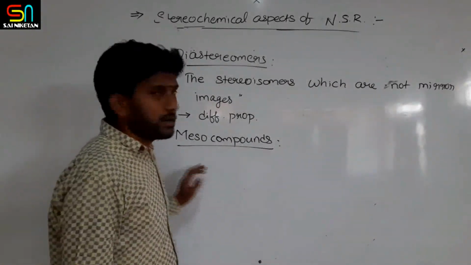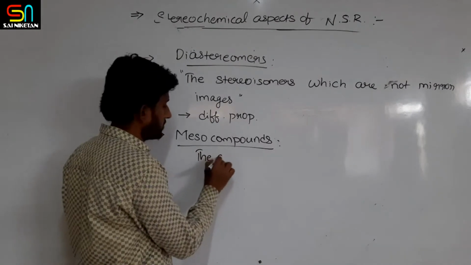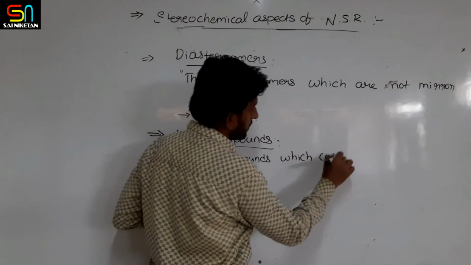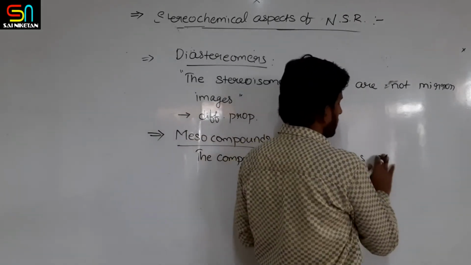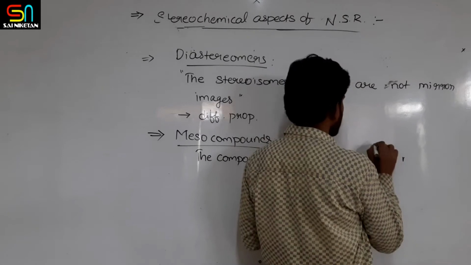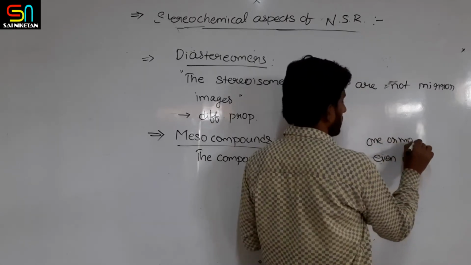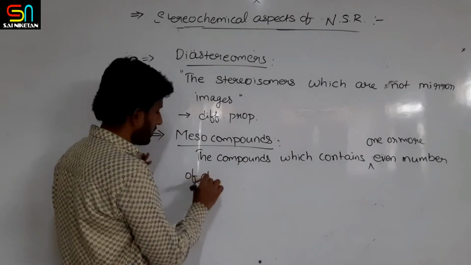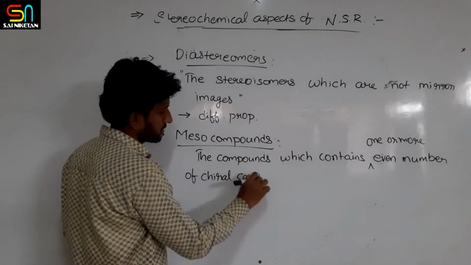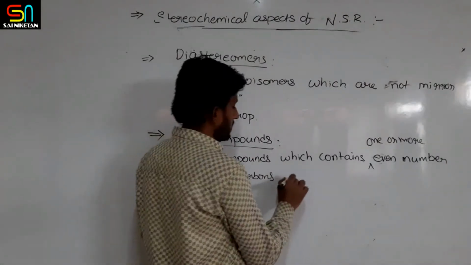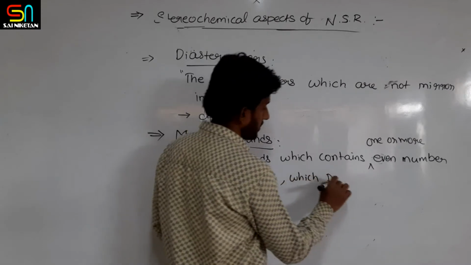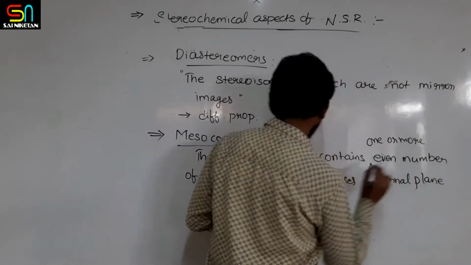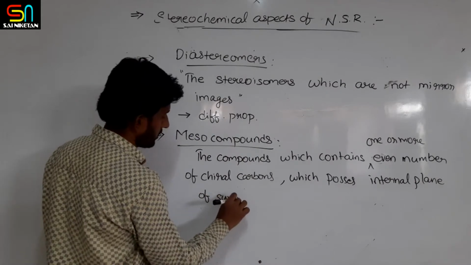Meso compounds are the compounds which contain one or more, an even number of, chiral carbons which possess an internal plane of symmetry.